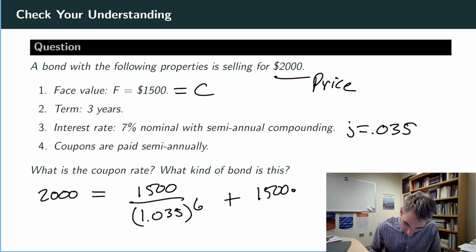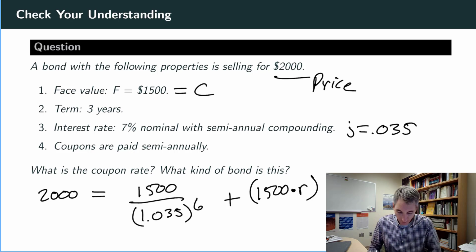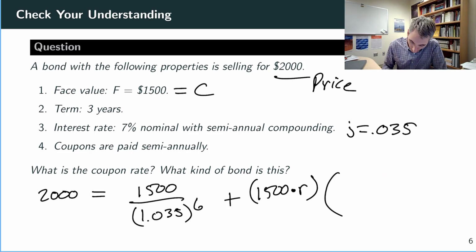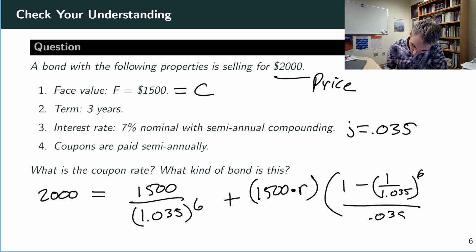So 1,500 times R, whatever that is. And then we do know the annuity formula, though. 1 minus 1.035, again to the 6 over 0.035. We should be able to solve this for R.